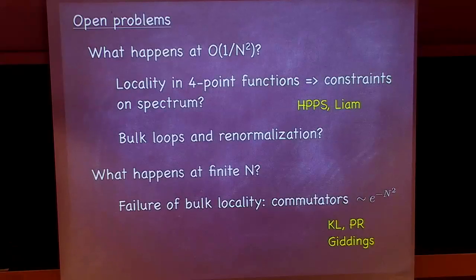Do you have another transparency? This is it, actually. So I think actually the place where our estimate for these commutators is maybe best understood is by trying to look at what happens if you try to reconstruct local fields in a black hole background.